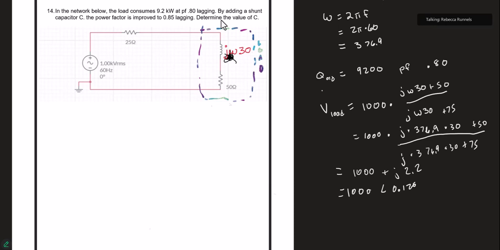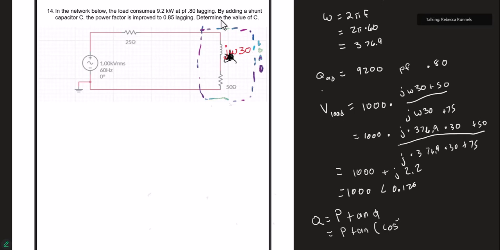Okay, but then when you add the shunt capacitor, the real power doesn't change. And so the 9.2 kilowatts, that power is going to stay the same. And so when we have our new power factor, we know that Q equals the power factor times the tangent of phi.